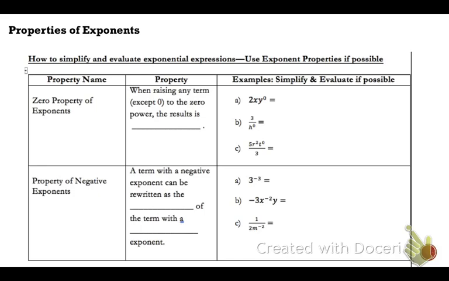Now go to the table, that's the properties of exponents, and I have put two more properties that we're going to talk about. So the zero property of exponents. When raising any term to the zero power, it works for any number or variable except for zero, the result will be the number 1.